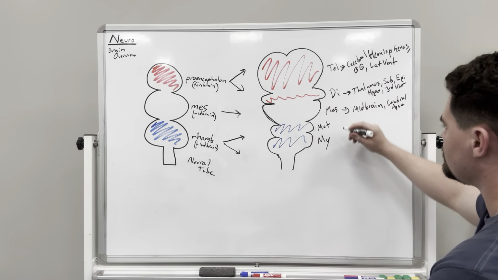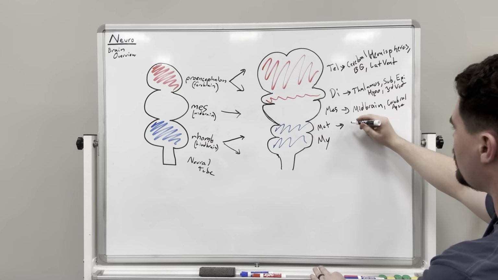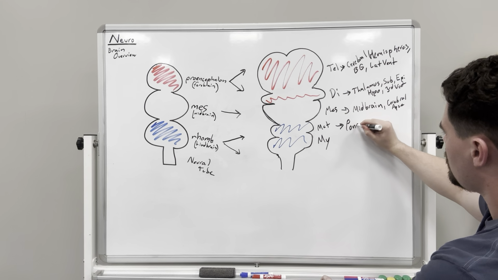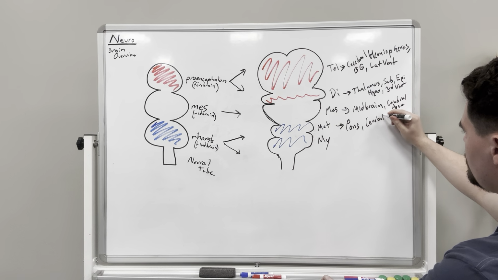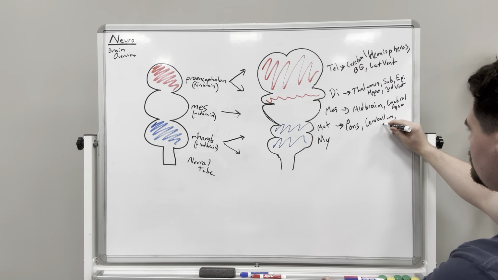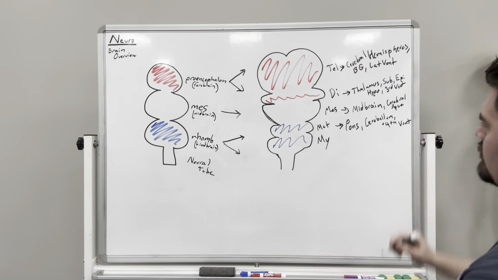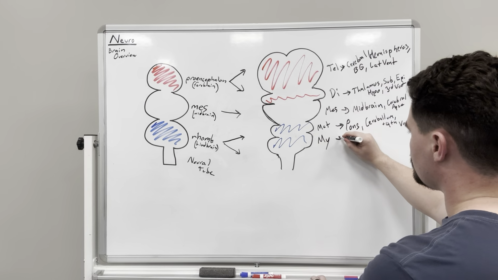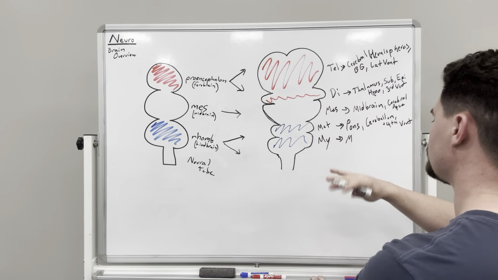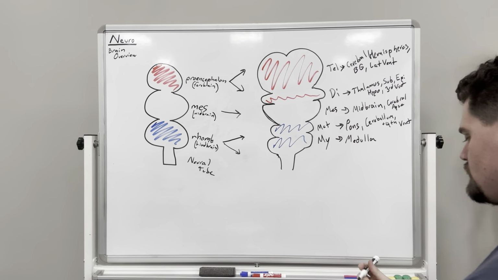So the metencephalon, that is going to develop into the pons, the cerebellum, and the fourth ventricle. And the only thing we haven't listed is the medulla.